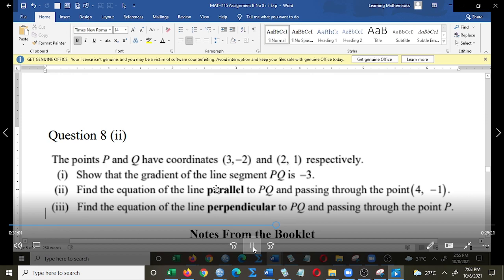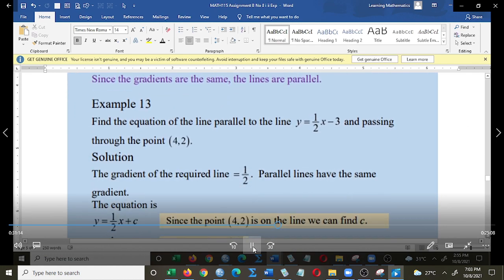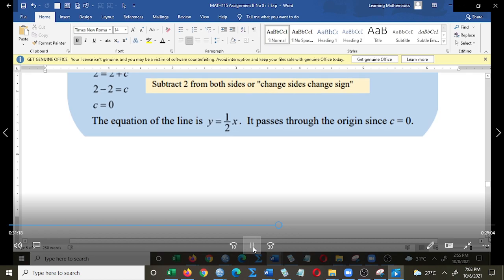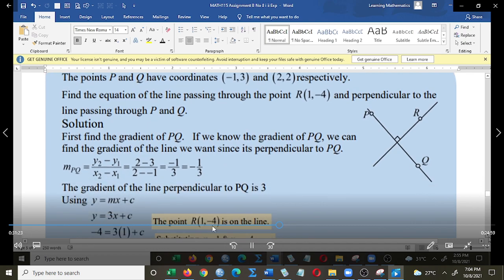Show that the gradient of the line segment PQ is -3. Find the equation of the line parallel. Find the equation of the line perpendicular. Here you have a similar example, and here you have an example of our own. This one was taken from the booklet, pages 16 and 17.